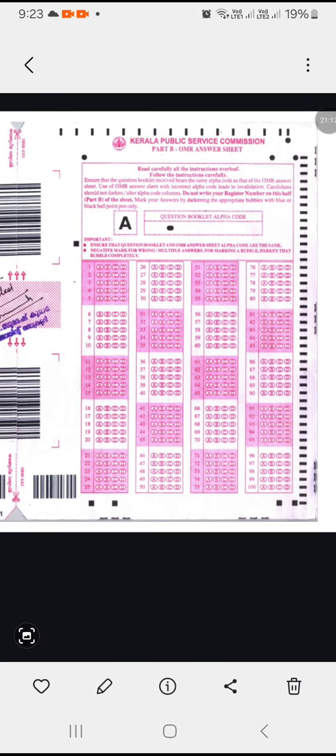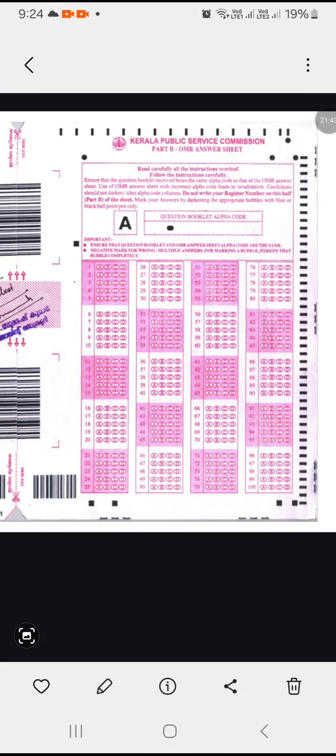When you see the previous year's final rank list, the maximum mark the students have got is around 80 to 85. The first rank holder has secured only a maximum of 80 to 85. And most of the times, some of the questions will be deleted from the question paper.